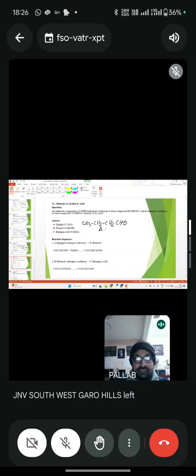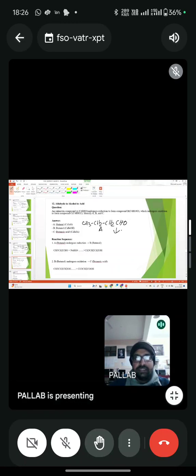So A is this. This will undergo reduction by using sodium borohydride. So it will give us CH3 CH2 CH2 CH2OH. Let's check the formula. C4, 10 hydrogen. So B is our this compound which undergoes further oxidation.